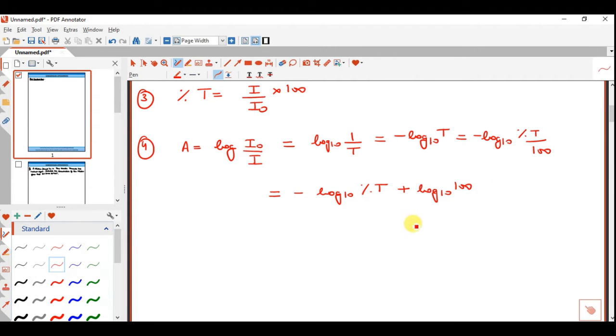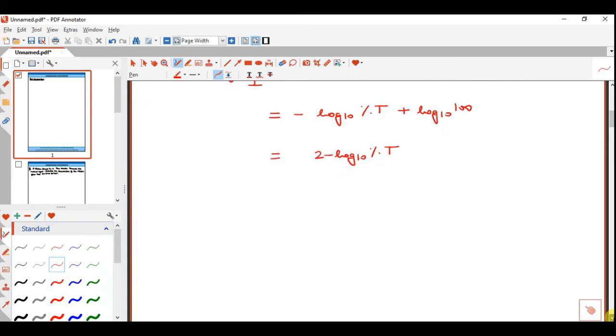Log 10 100 is equal to 2, so it can be rewritten as 2 minus log 10 percentage T. These are some of the formulas that would be used in the upcoming questions.